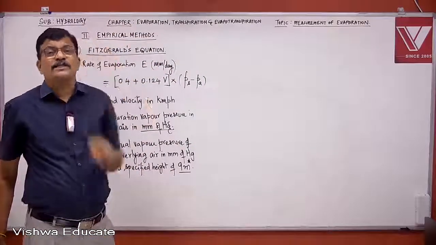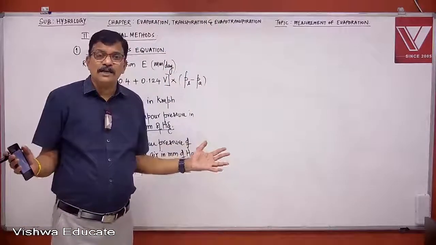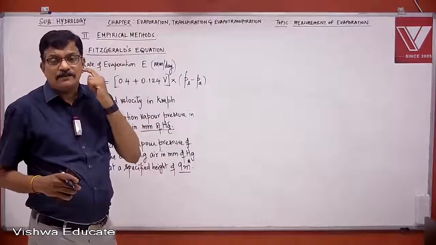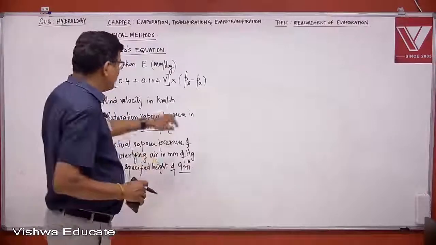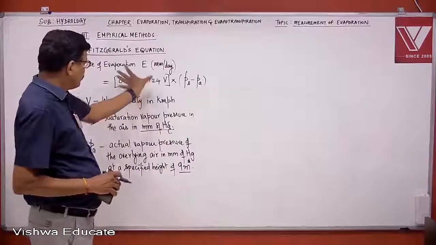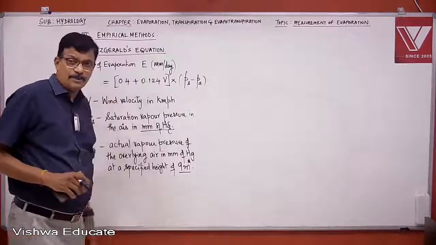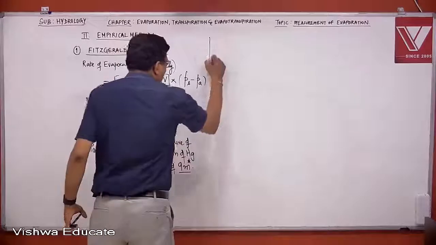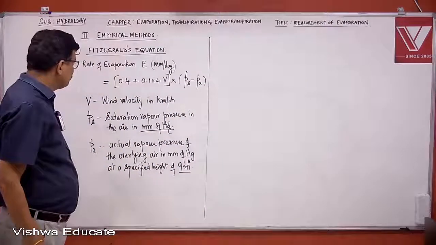So this pressure difference between the saturation vapor pressure in the overlying air and the pressure in the air at an altitude of 9 meters is measured. The pressure difference is then multiplied by this factor. This term will give us the net rate of evaporation in millimeter per day. Okay, this is the first empirical equation.